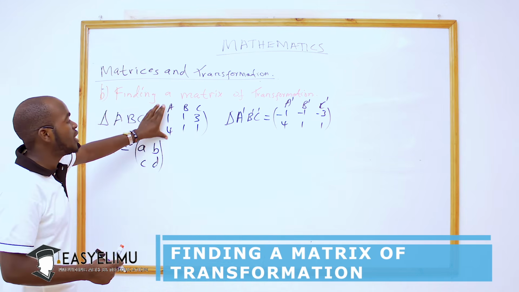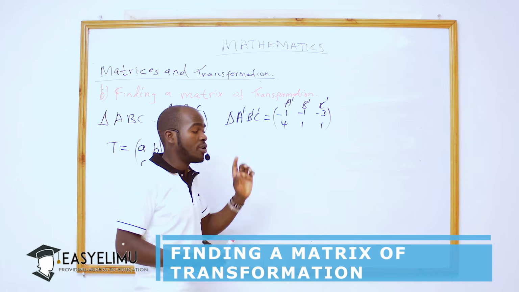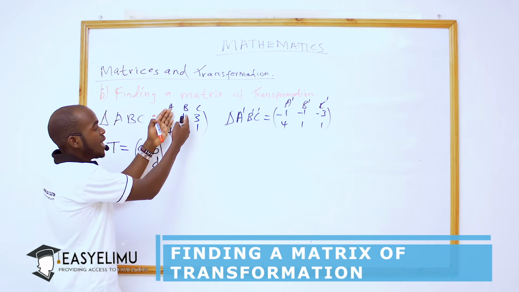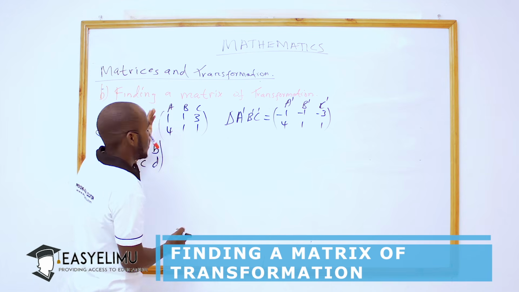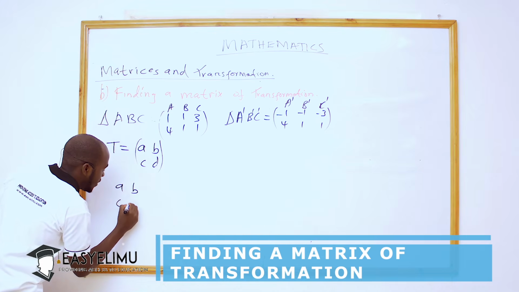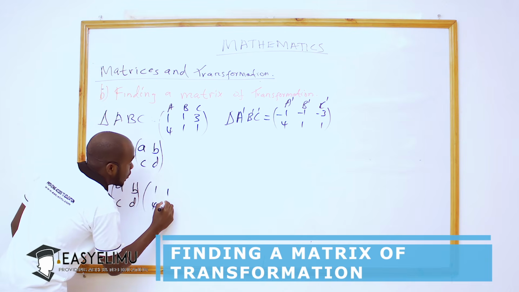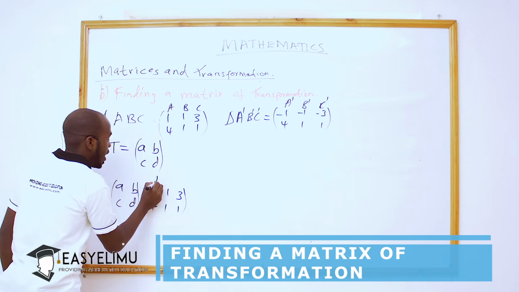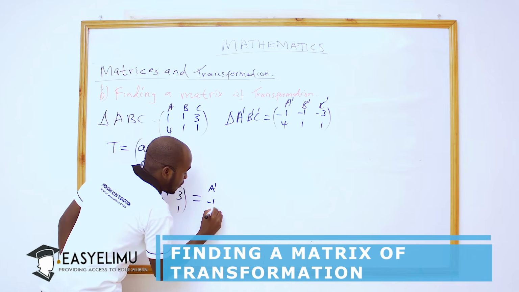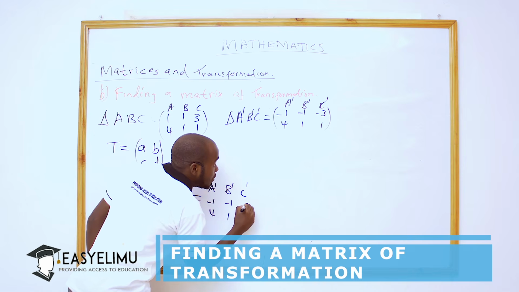Here we have been given the object triangle and the vertices of its image. So if we pre-multiply the matrix A, B, C, D with the vertices of A, B, and C, (1, 4), (1, 1), (3, 1), we shall get the vertices of A prime (-1, 4), B prime (-1, 1), and C prime (-3, 1).